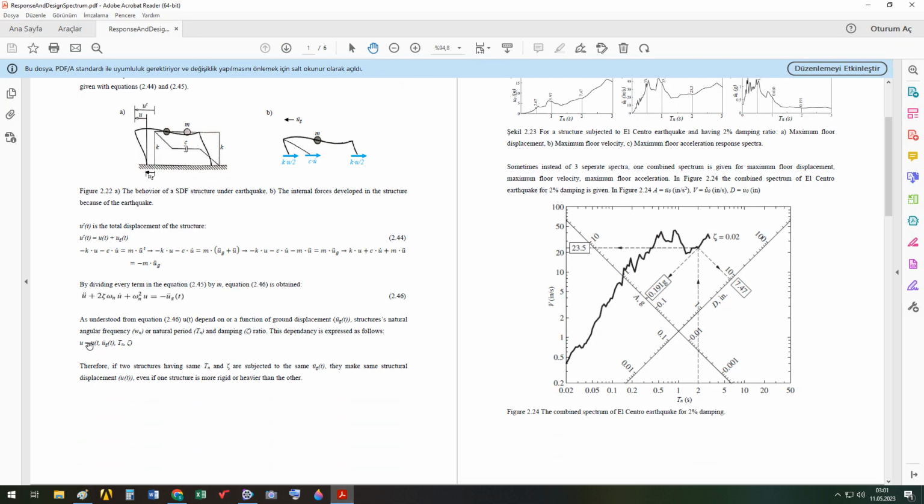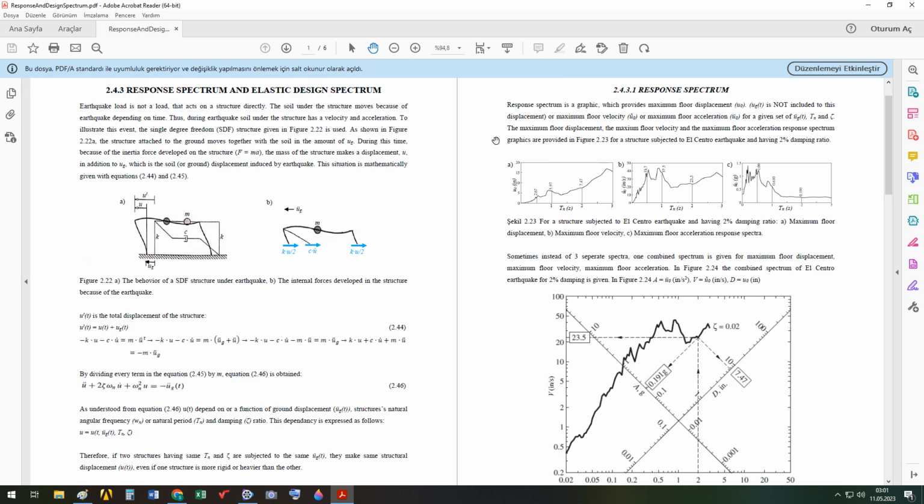From this property, which we illustrated using a single degree of freedom system, response spectrum graphics are created, which provide the maximum floor displacement, but not the total displacement. This one is provided.